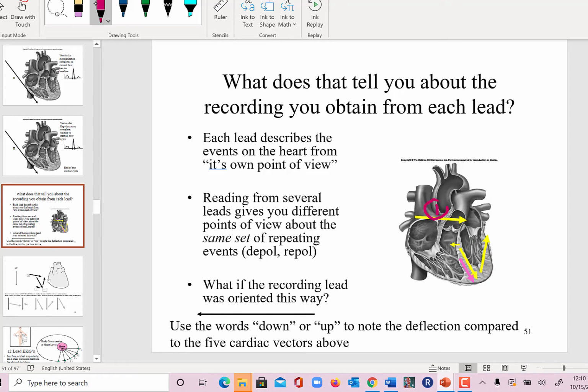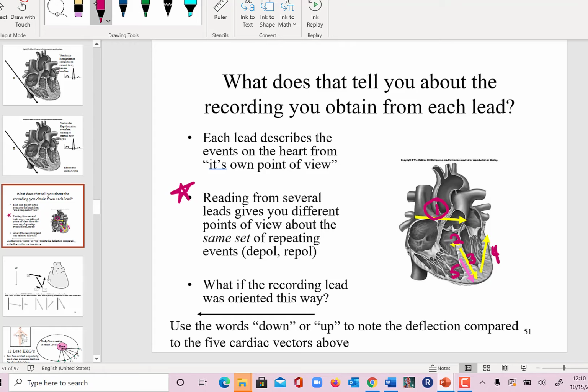Here's cardiac vector 1, 2, 3, 4, and then shown here in pink is the 5th cardiac vector, showing you ventricular repolarization. This is so important. Reading from different leads gives you different points of view about the same set of cardiac events, the repeating depolarization and repolarization.